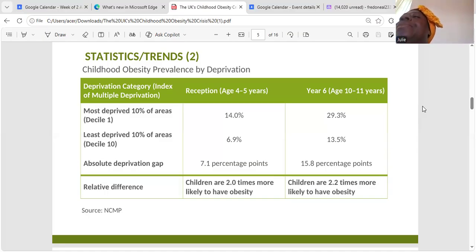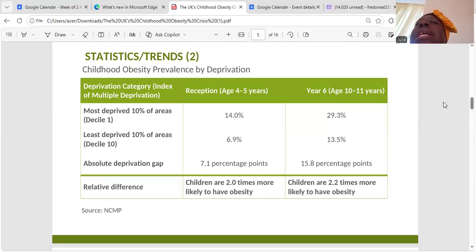And this means that children living in the most deprived areas are about 2 times more likely to have obesity.